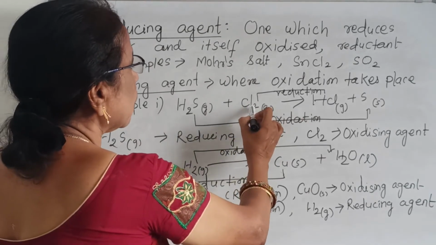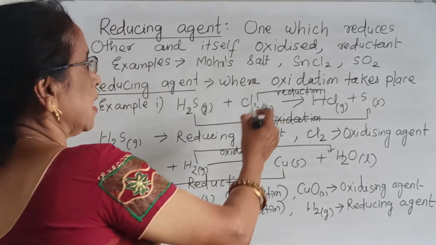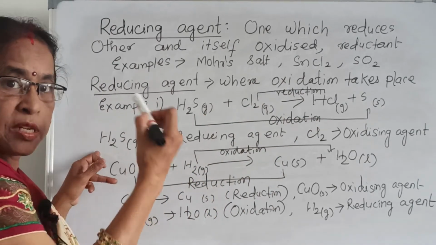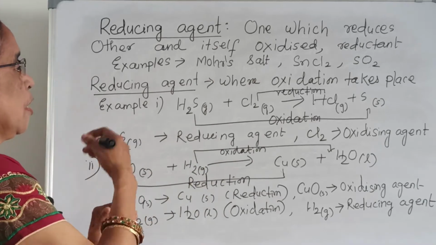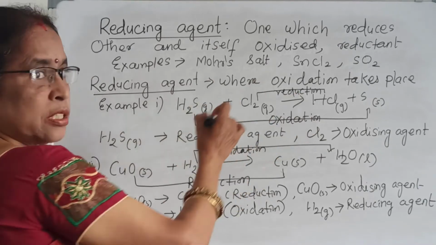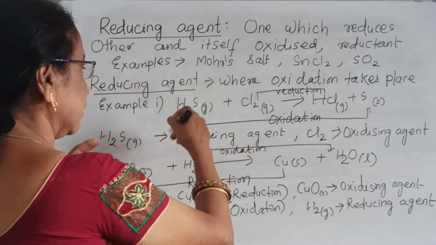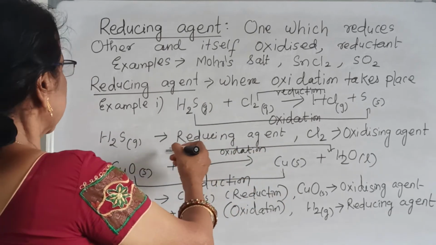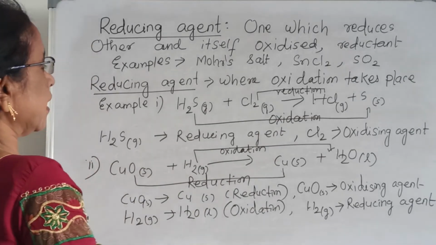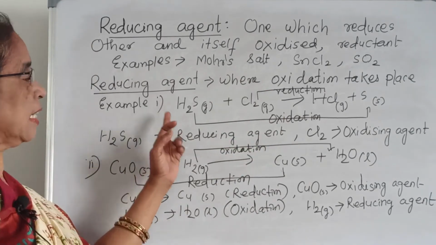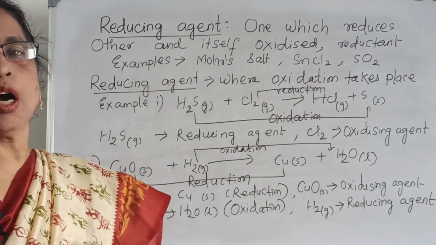Similarly, chlorine changes to HCl, where reduction takes place. Now we can say H2S gas is the reducing agent because oxidation takes place, the hydrogen is removed. That is why it acts as a reducing agent. It reduces others and itself is oxidized to sulfur.